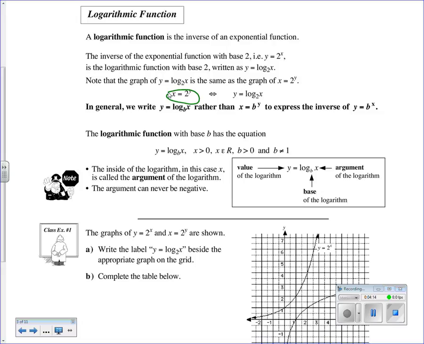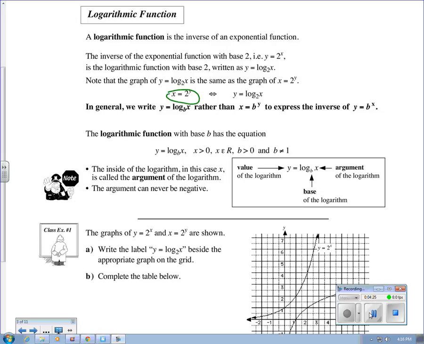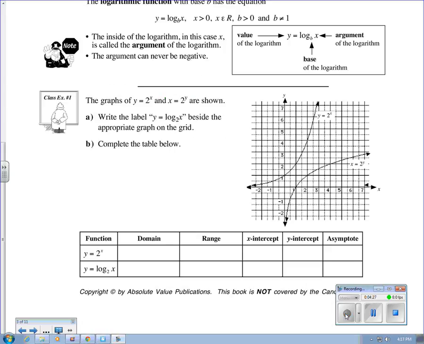We've got the two graphs drawn that we exercised on the previous page. So we're just going to turn the page over. Actually, there were some conclusions that we have to do. Domain, range, x-intercepts, y-intercepts, all that good stuff, and asymptotes. Let's do that.